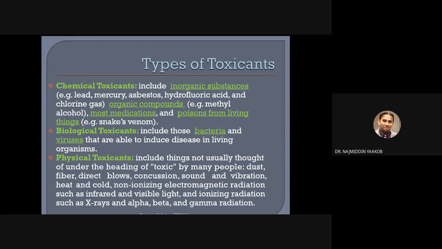Biological toxicants include bacteria and viruses that are able to induce disease in living organisms. Physical toxicants include, for example, fiber, direct blows, concussion, sound and vibration, heat and cold. So these are the three types of toxicant: chemical, biological, and physical.